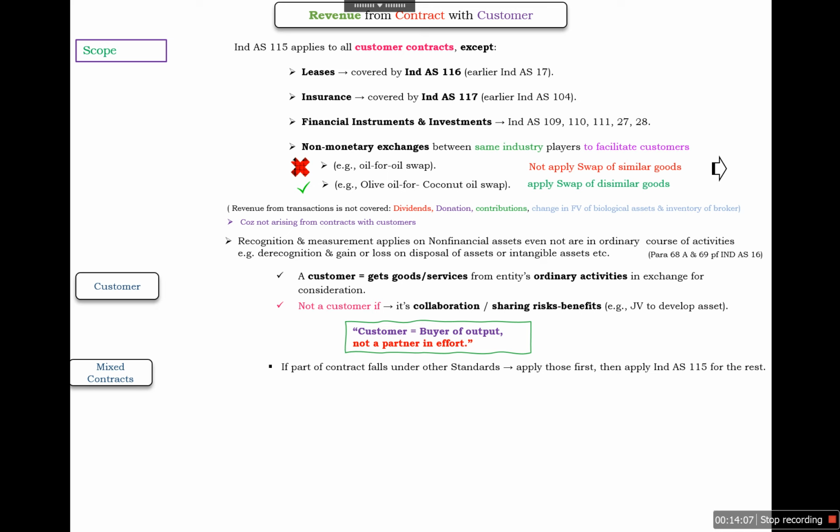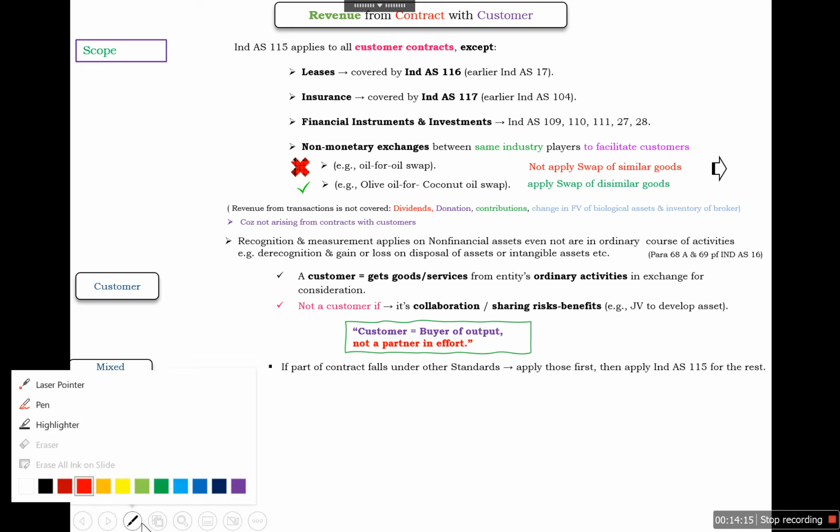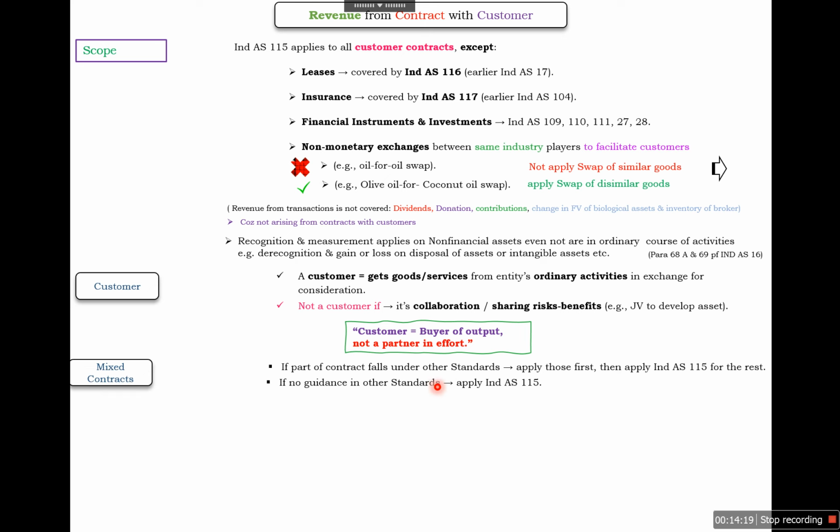There may be a mixed contract. If part of the contract falls under any other Ind AS, then we should apply that Ind AS first and thereafter apply Ind AS 115. But if there is no guidance in the other standard, then we should apply Ind AS 115 directly. Then revenue is the income arising in the course of an entity's ordinary activities.